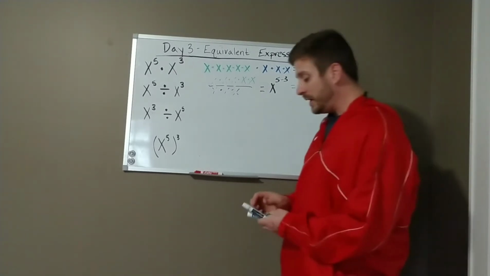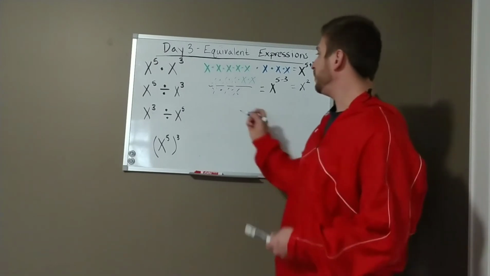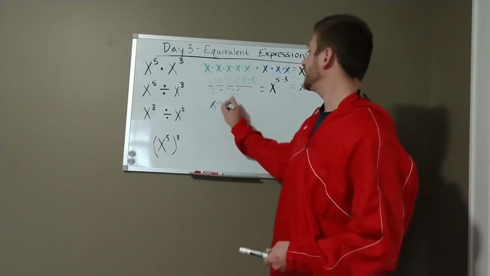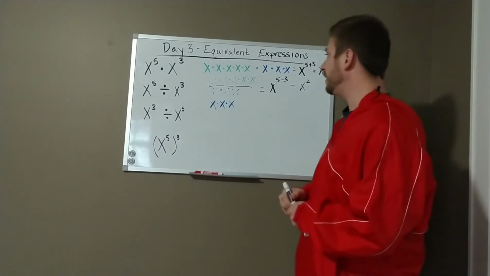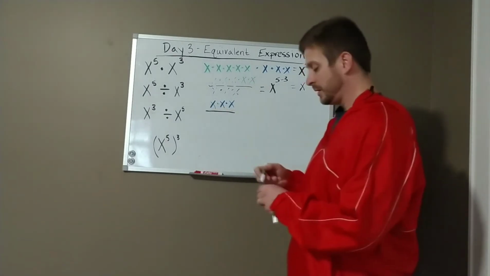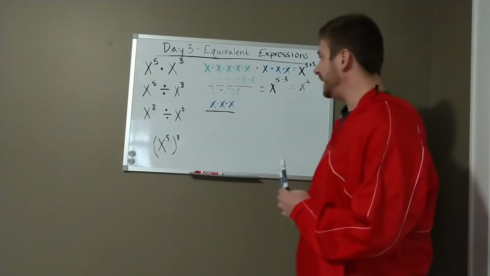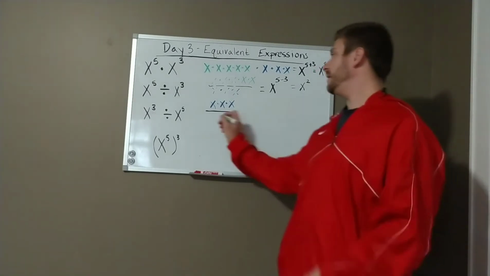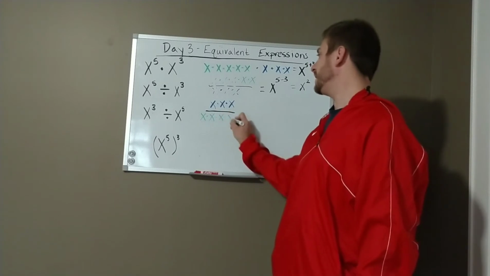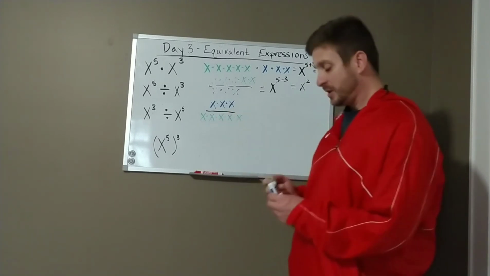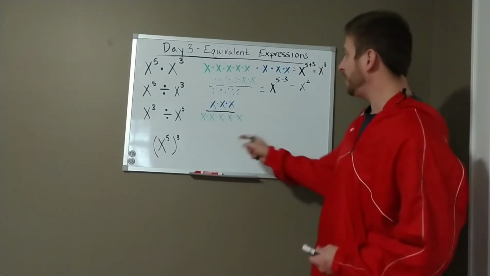If we divided the other way, it would work the exact same way. If we had x to the 3rd on top, x times x times x, over x to the 5th on the bottom, we would still be canceling. So x to the 5th expanded is x times x times x times x times x. Once again, we're going to cancel out 3 of them.